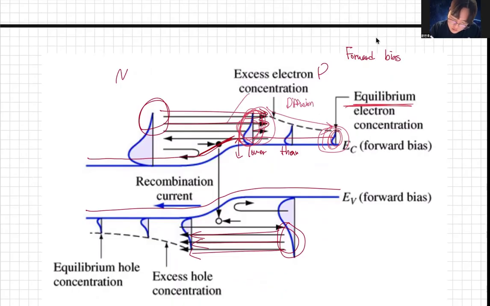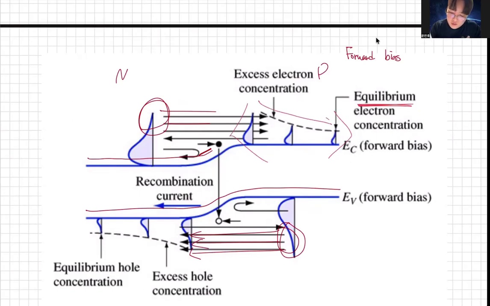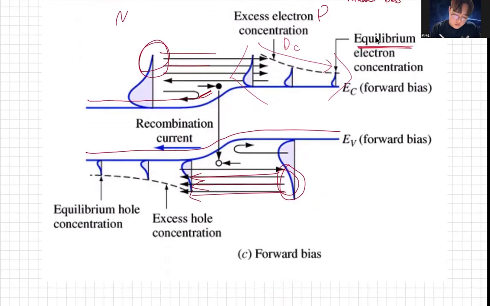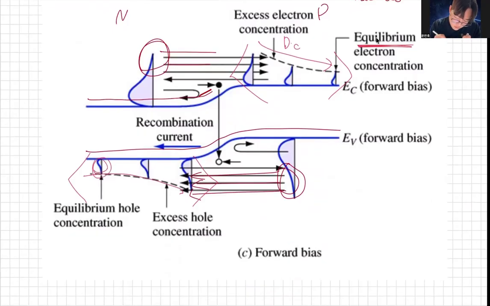So we can notice that in this area there will be diffusion current. And also for the hole in this area, there will be a concentration difference between this and this, so here will also be diffusion.